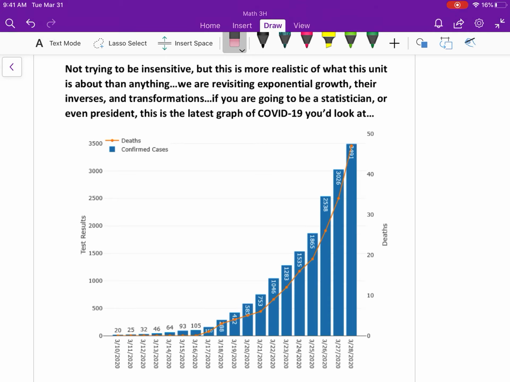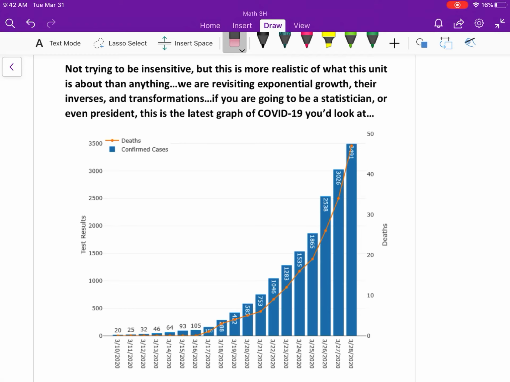I'm not trying to be morbid or anything with it, but I'm trying to show you that if you're going to be a statistician, or in this case, think about the governor, the mayors, even the president, they've got to use these graphs. It was literally just on Channel 9 about 30 seconds ago, and they were talking about how they're using the exponential spike on the number of cases in the United States.